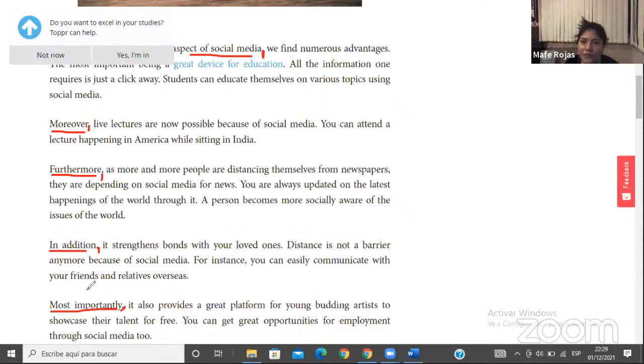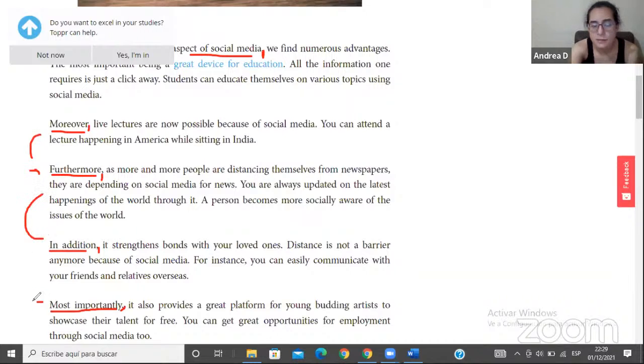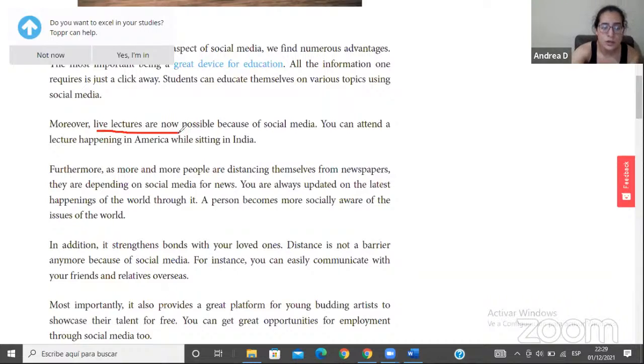These words are for connection. Yes, they show connection. So they show that this is adding to this idea, that this is adding to this idea, and that this is like the most important idea. Now, you could have many types of transitions. Here they're talking about live lectures and how they are possible because of social media.